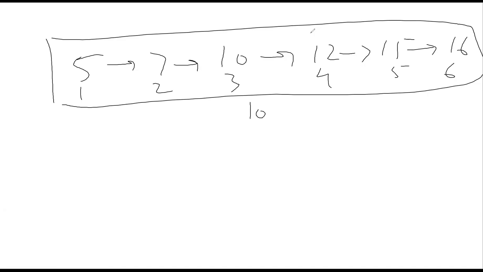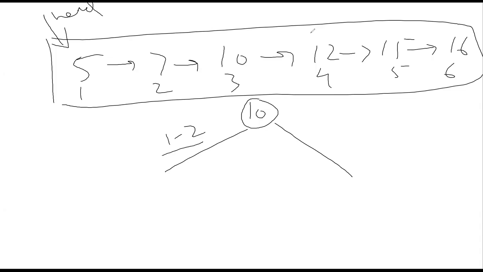I'll take this one, set it up as root, and now I need to know what my left child and right child are, right? I know I have to process 1 to 2 index elements here, and 4 to 6 indexes here, right? When I was processing this part, I knew the head was at the 5th position.